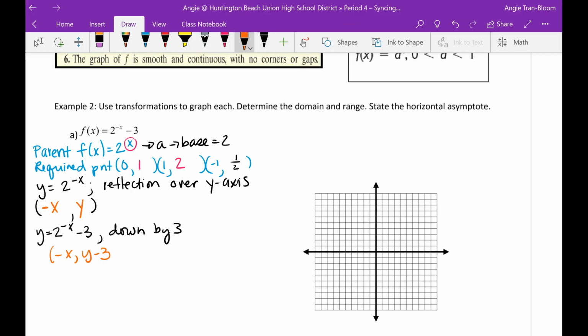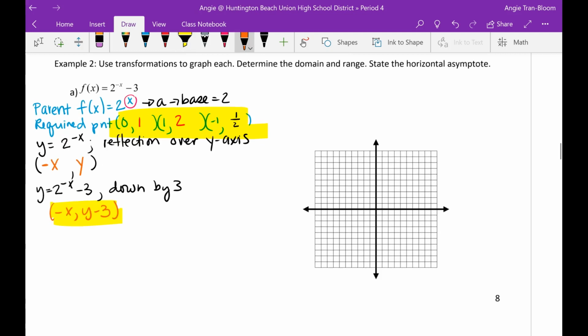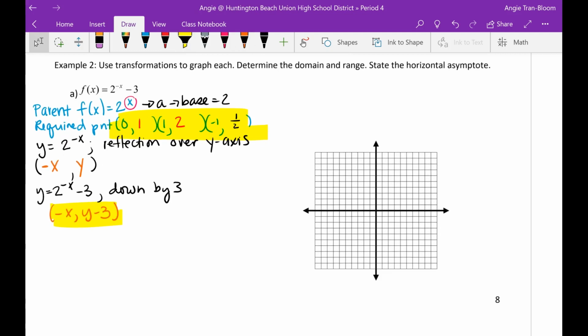This is what you can use to get your final points for the final graph. Isn't that beautiful? So these are the parents. You're using these 2 highlighted parts to put together the final 3 points.